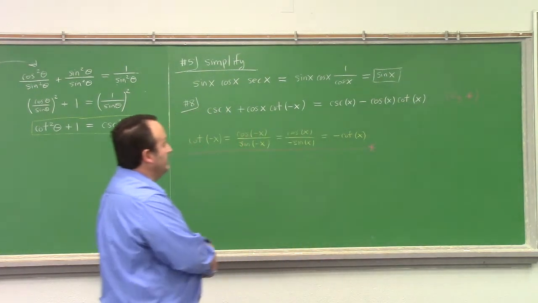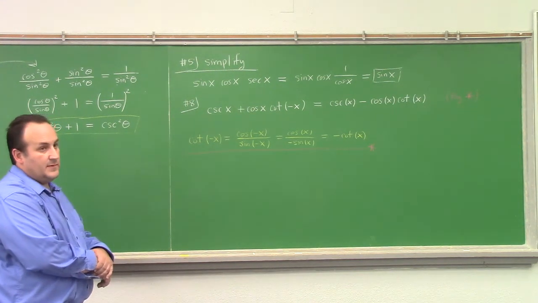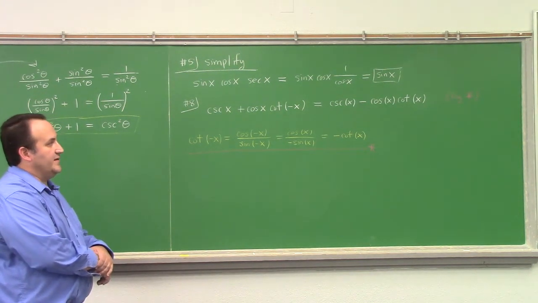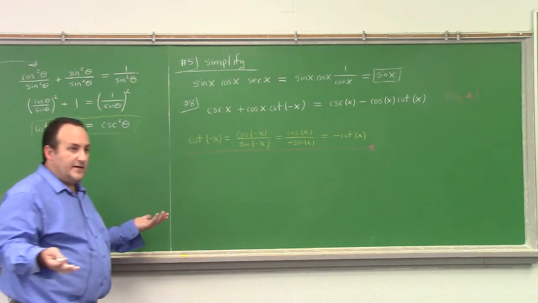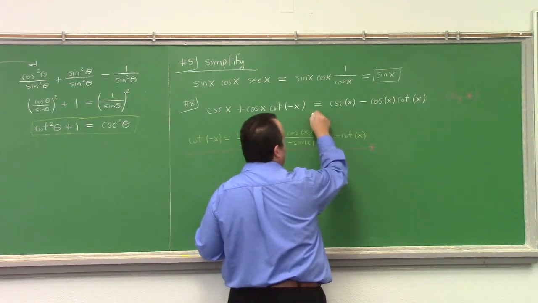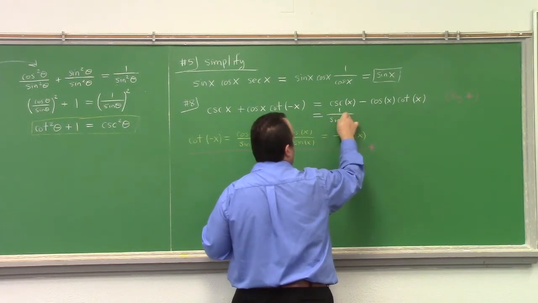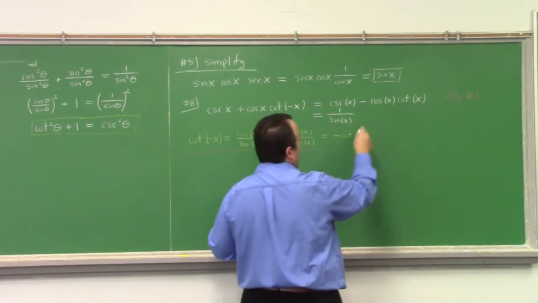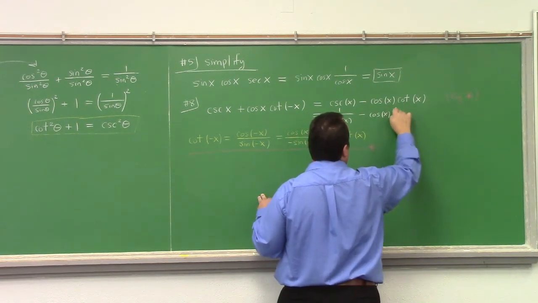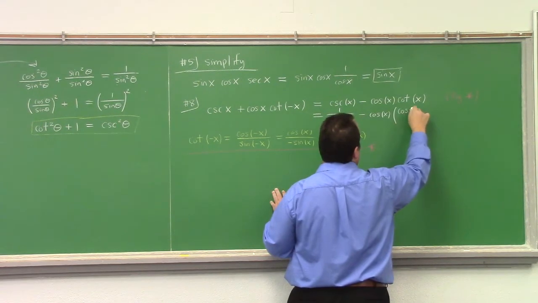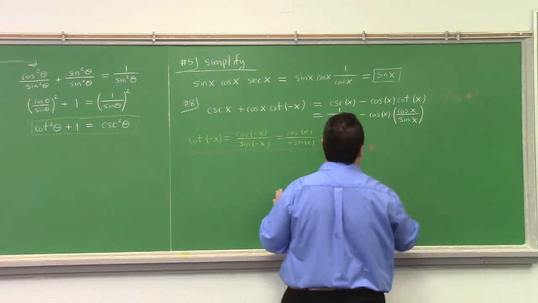Now what can I do? How about this? Convert everything to sine and cosine, see what happens. What's cosecant in terms of sine and cosine? 1 over sine. And how about cotangent? Cosine over sine. Right.